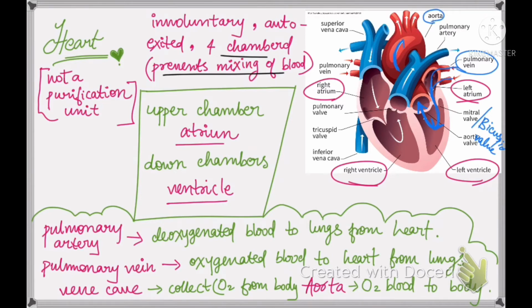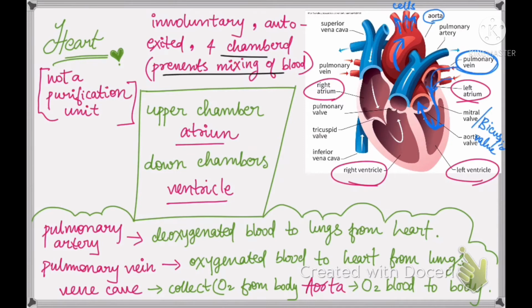And then by this aorta the blood moves, and this aorta branches further, and the blood reaches every cell of our body. Okay, so what did we learn? From the lungs, the oxygenated blood is carried by the pulmonary vein and brought into the left atrium.